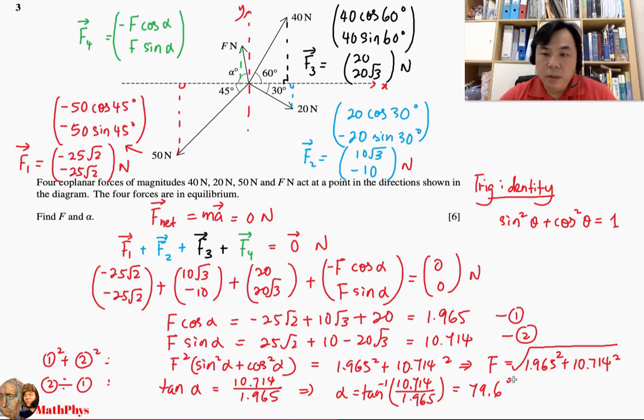All right. So before we end, just let me check whether all this value is correct. So let me check. 1.965, okay, so we have a square here, 1.965, add up with 10.714 squared, okay, so that's what we have, and then we're going to square root that.